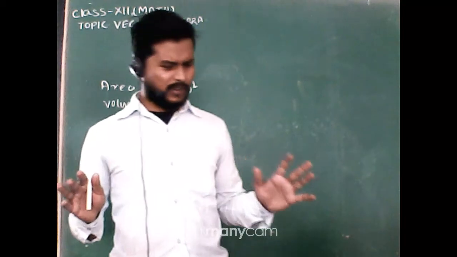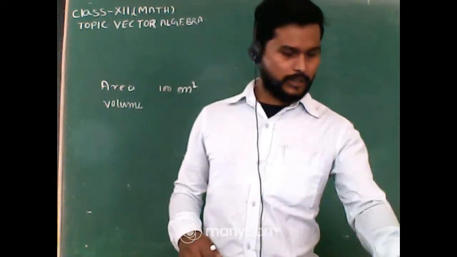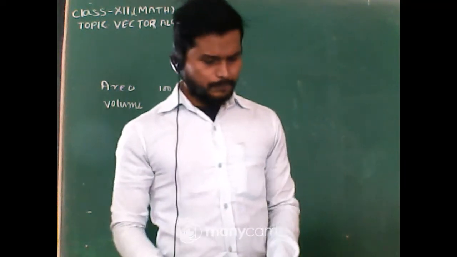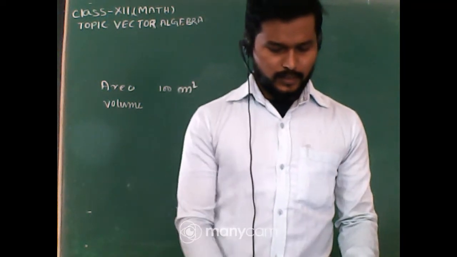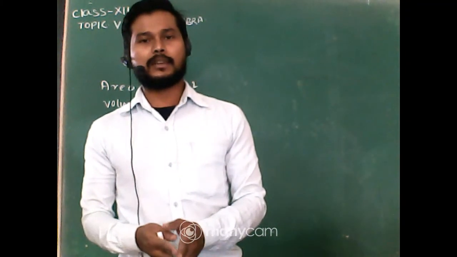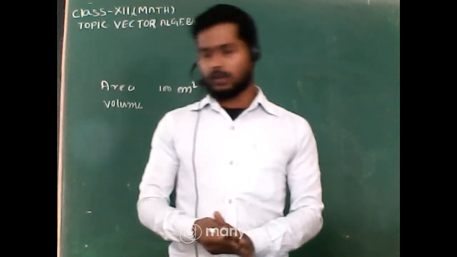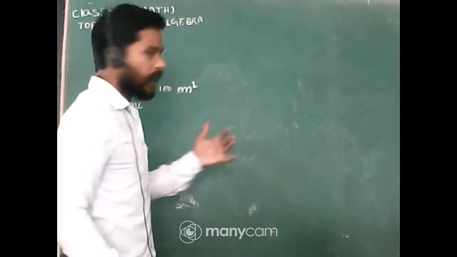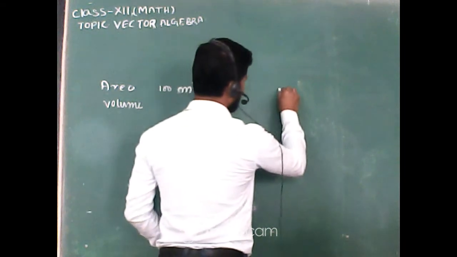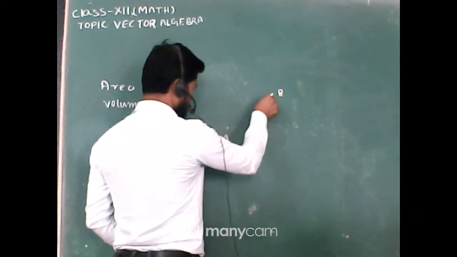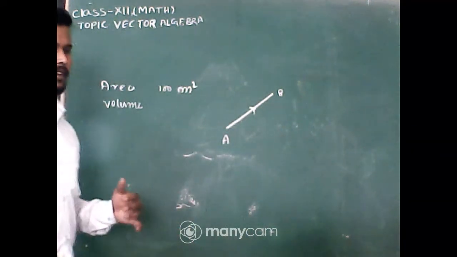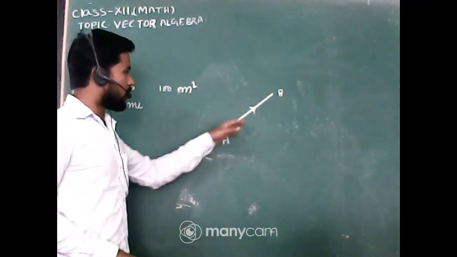So you have learned scalar quantity and vector quantity in the previous classes. Now we'll discuss how we can represent a vector. A vector is represented by a line. Suppose this is point A and this is point B. A vector is represented by a line having a direction.